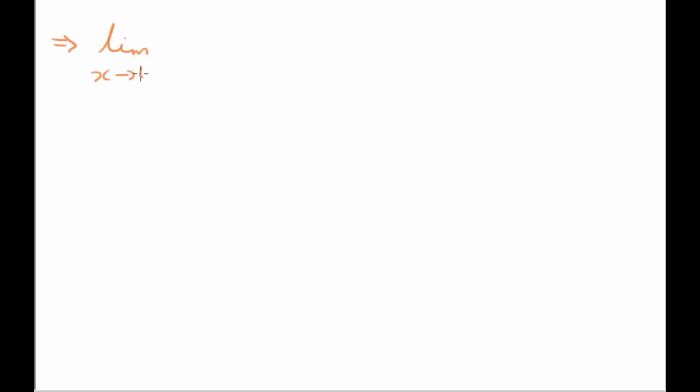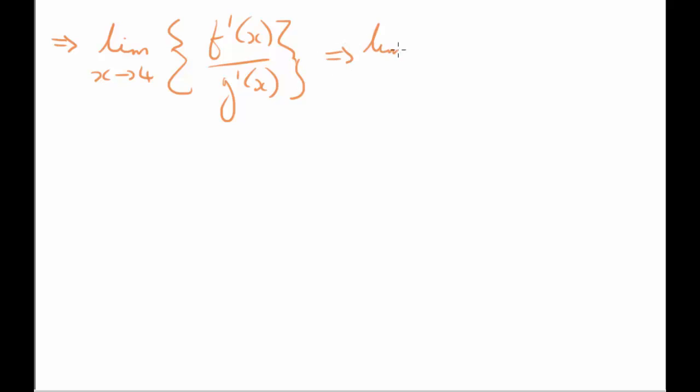Then when we fill in for the limit as x goes to 4, f dash of x over g dash of x is equal to 2x minus 3 over 3x squared minus 4x minus 5.